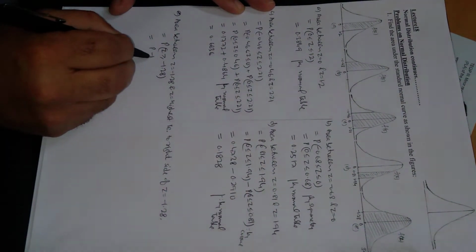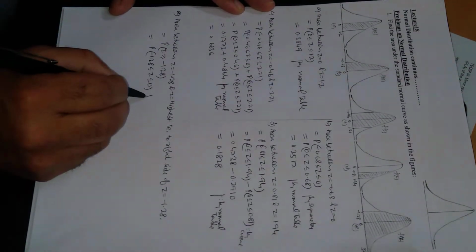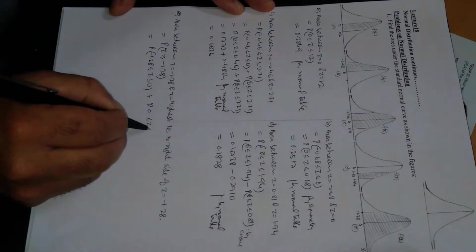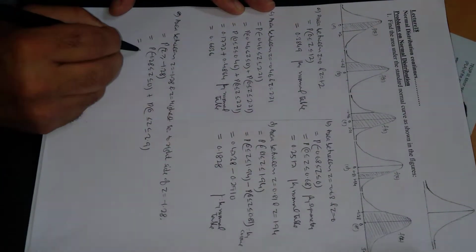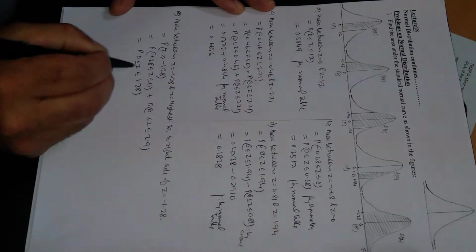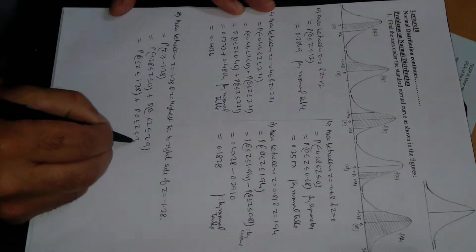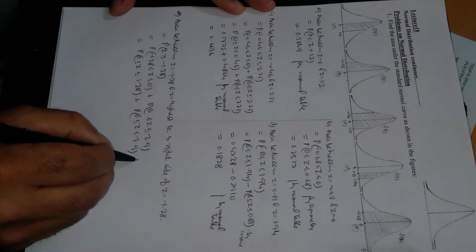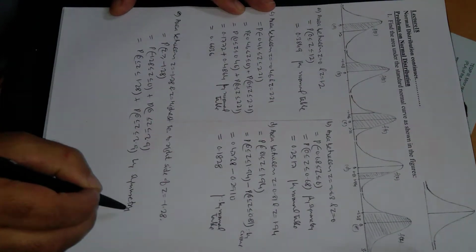So minus 1.28 less than z less than 0 plus probability 0 less than z less than 3.9. By symmetry the first can be written as 0 less than z less than 1.28, and the second is as it is, 0 less than z less than 3.9.